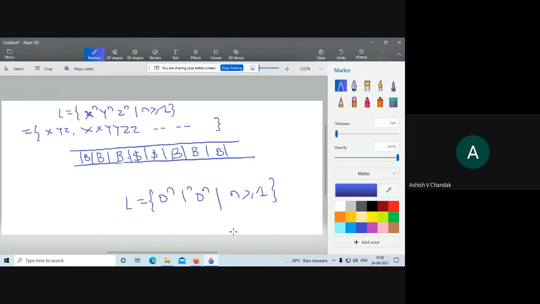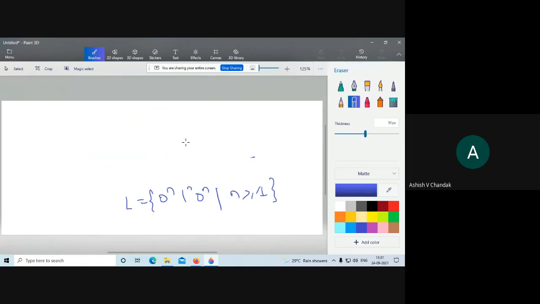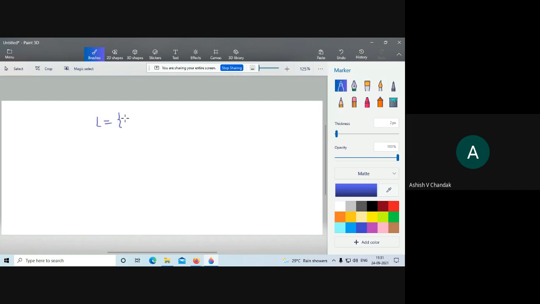Now next problem. Suppose the language is L of a, b, a star b.